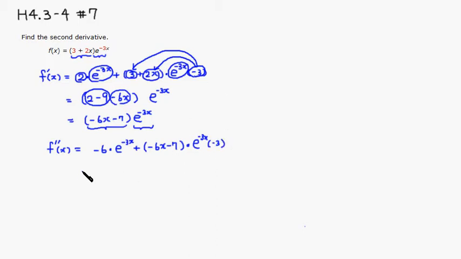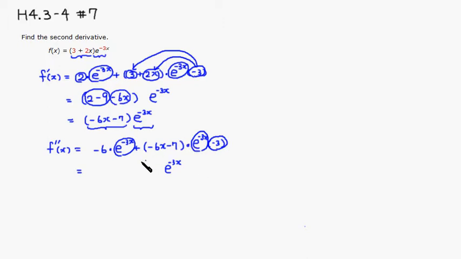So this is going to be equal to, again, we're going to factor out e to the negative 3x. That's in common. So we put that e to the negative 3x. Then let's see, I'm going to factor out negative 3. It seems like negative 3 is in common too.